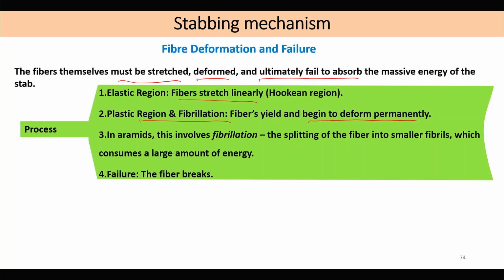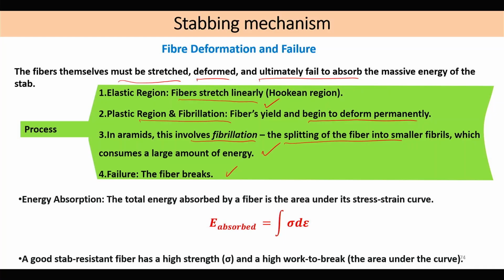In aramid fiber, this involves fibrillation. When it crosses the yield point into the plastic region, fibrillation starts, splitting the fiber into smaller fibrils, and during fibrillation it absorbs a large amount of energy before the fiber breaks. So, these are the different processes of absorbing the energy.